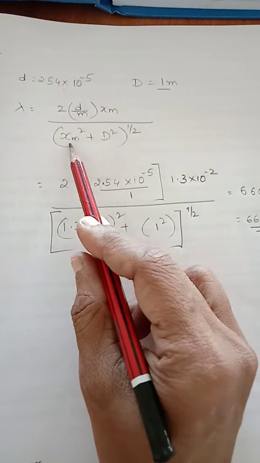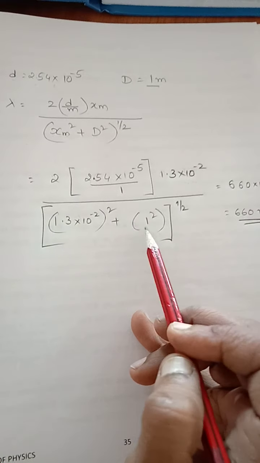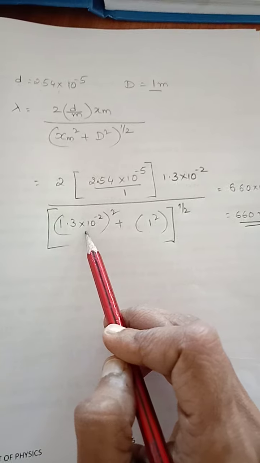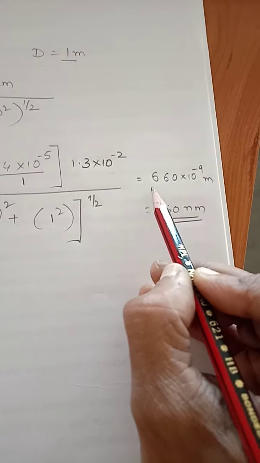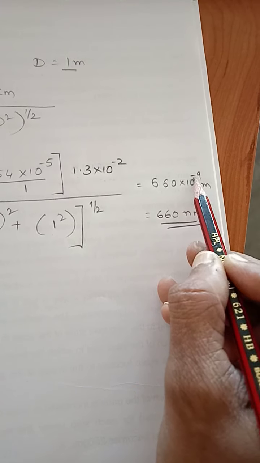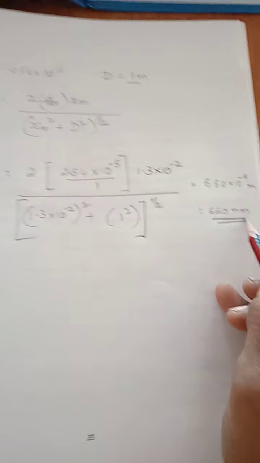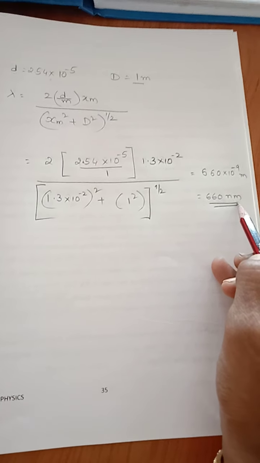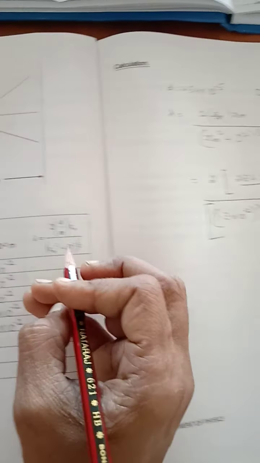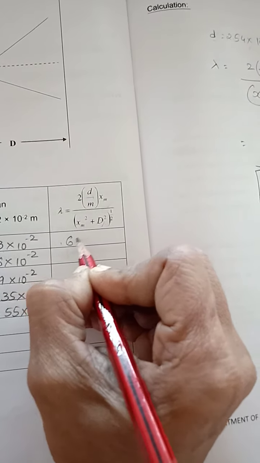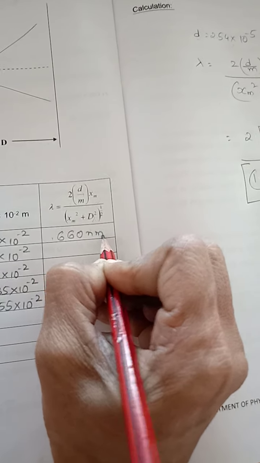Substitute the values in the corresponding places, and if you do the calculations, with capital D and Xm given here, the whole thing will come to 660 into 10 to the power of minus 9 meters. So we can write it as 660 nanometers. This is the answer for the first order. Now write this value here as 660 nanometers.